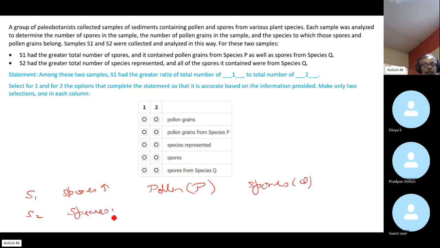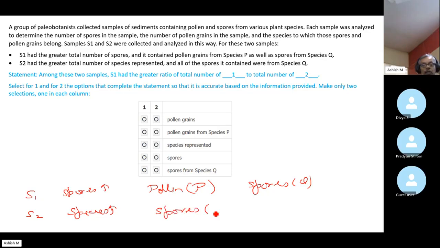Species are more in S2. And all the spores it contained were from species Q. Spores that it contained were only from species Q. Now, this is the information that is given to us.